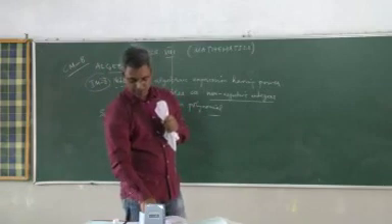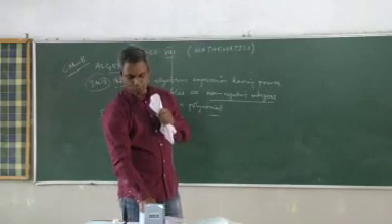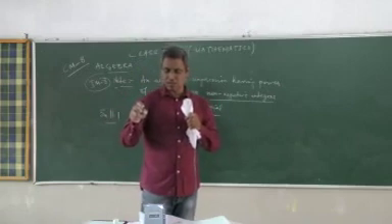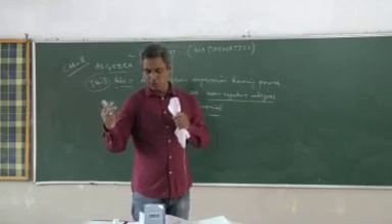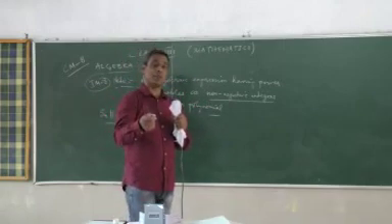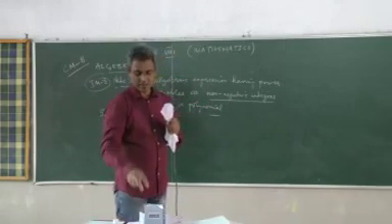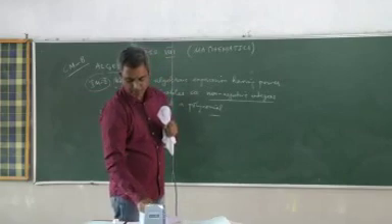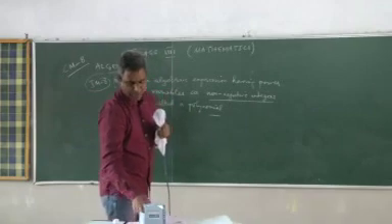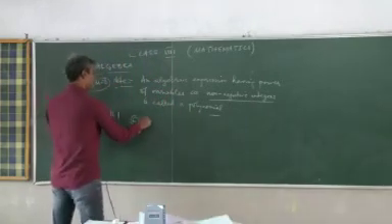The question is like this. It says, which of the following algebraic expressions are polynomials? Also write their degrees. So first say whether it is a polynomial or not, and then calculate its degree. Part 1, 4x square minus 7x plus 2.